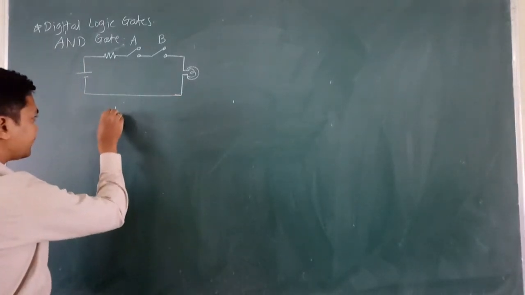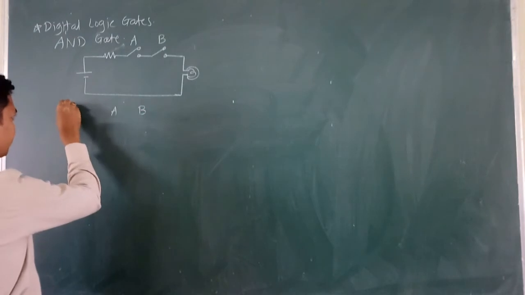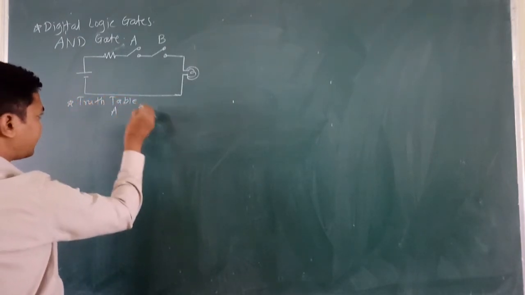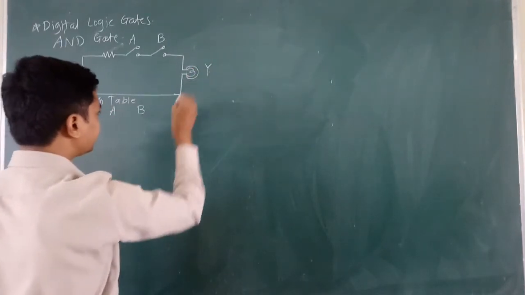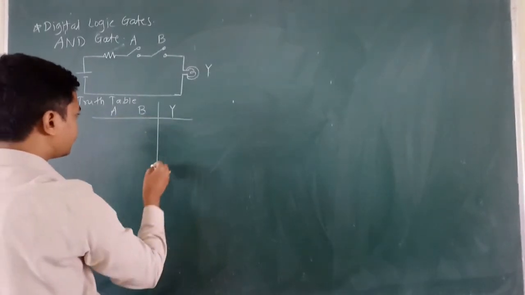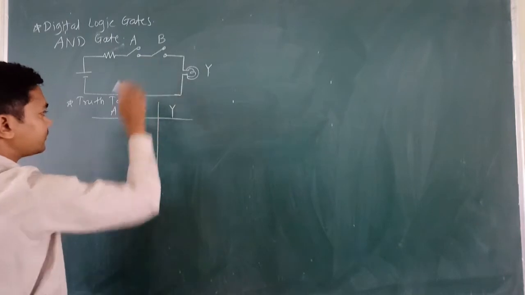So I will write here the truth table. And I will name this output device as Y, output Y. Now, how many combinations can be formed using two switches?